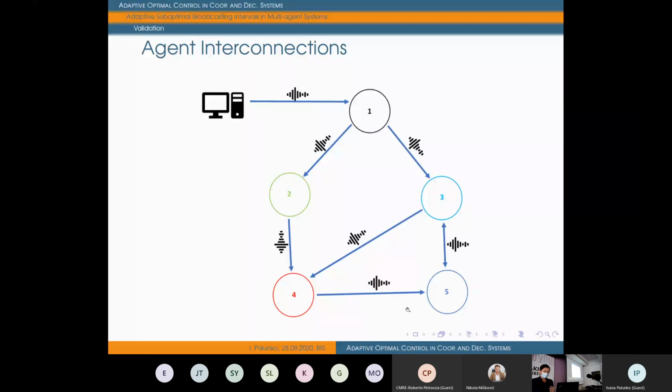The graph looks like this, nothing special, but please keep in mind that each of these links can be asynchronously sending the feedback and the sensing. So not, let's say, every second or tenth or whatever time, but they're all deciding by themselves how fast they should transmit the data.